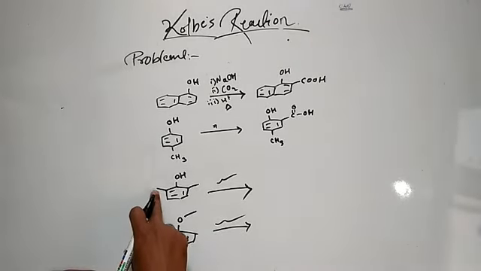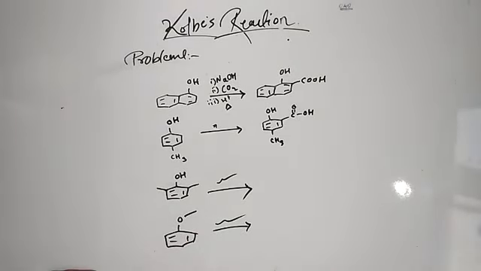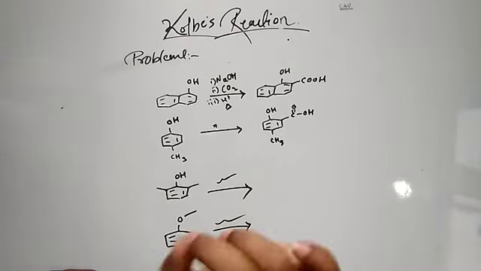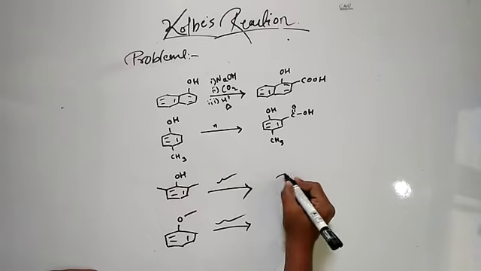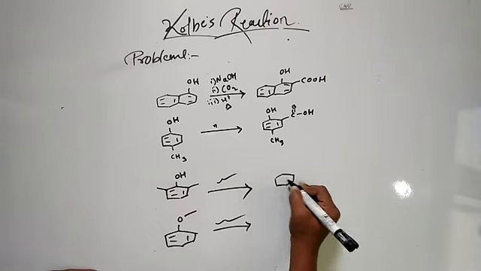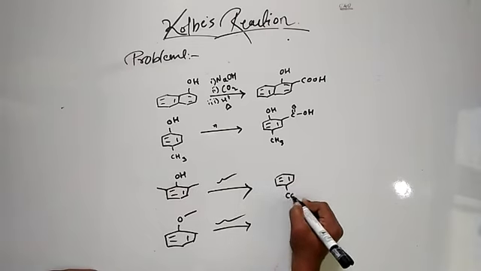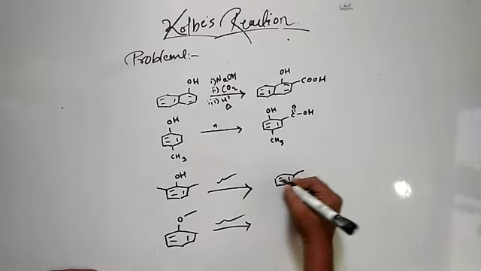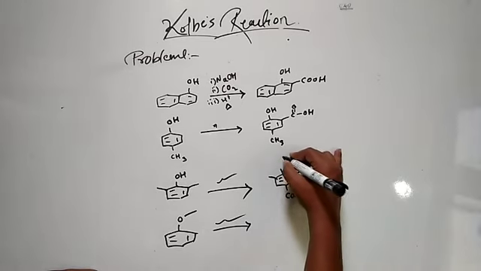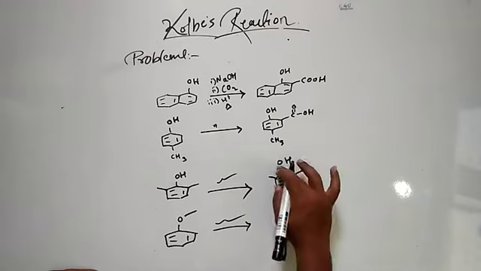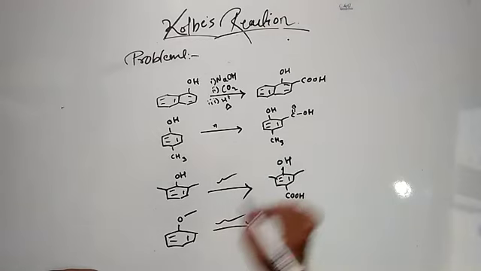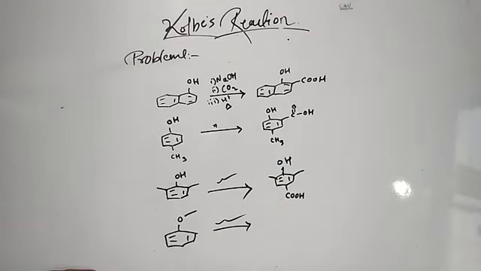Okay, now see, both of the ortho positions are blocked here. There is a possibility of the reaction to perform, but it's a very small possibility, and you're getting this product only. Of course, this is the only possibility that remains, and here we'll go for this one first.